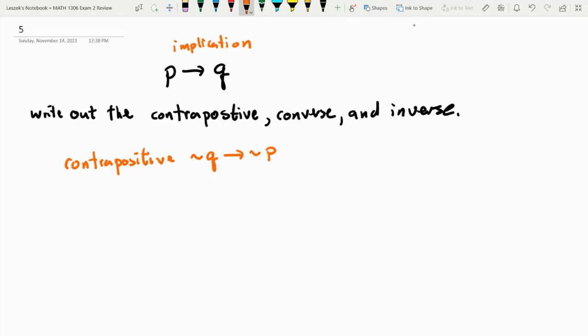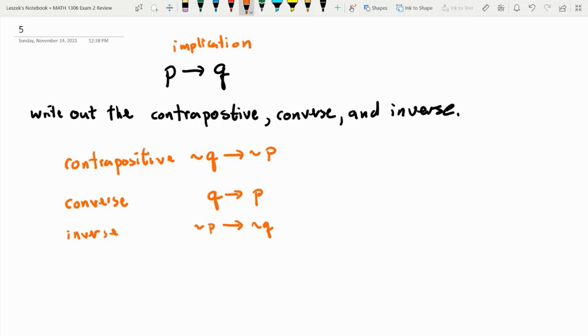Now the converse is where if you have P implies Q, the converse is that Q would imply P. But these are not equivalent. We know that if P implies Q, that does not mean that Q must imply P. And then the inverse. This is where we negate the antecedent and the consequent, so not P implies not Q. And again, this is not logically equivalent.